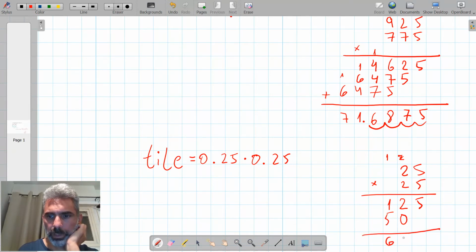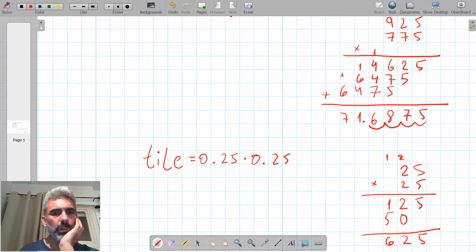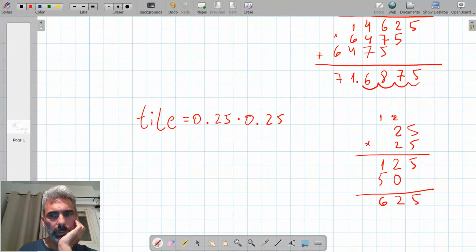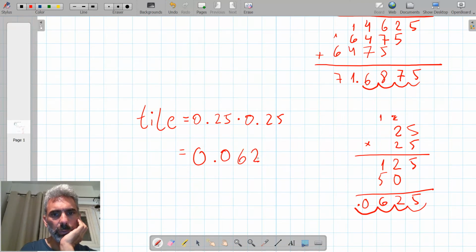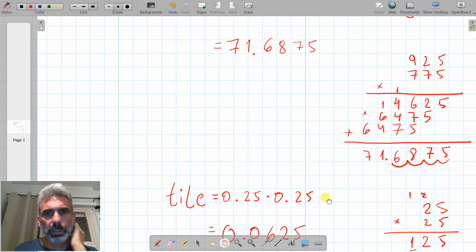So 625. And I have 4 digits to the right of the decimal point. So 1, 2, 3, 4. So I have an area of 0.0625 square meters per one tile.